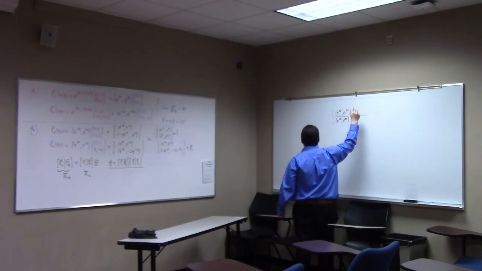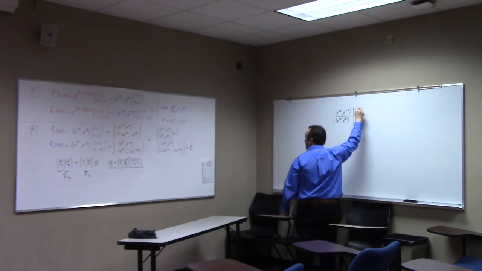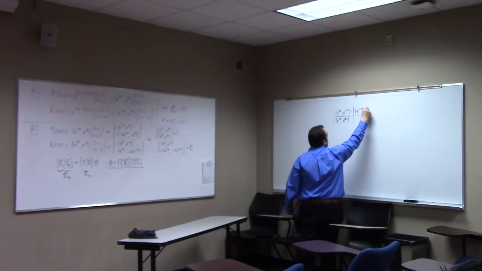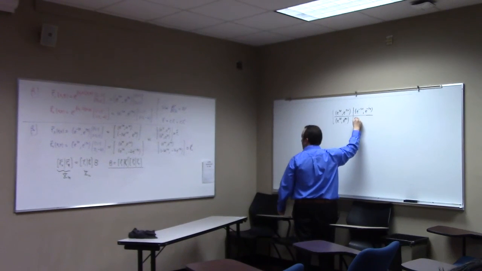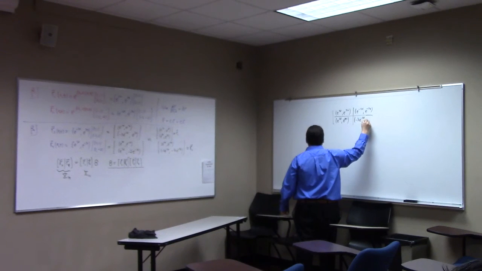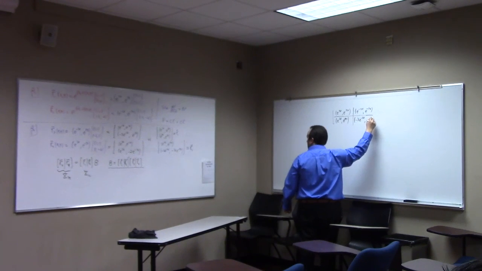And then R2 was e to the minus 2x, e to the minus 3y, minus 3, e to the minus 2x, minus 2, e to the minus 3y.